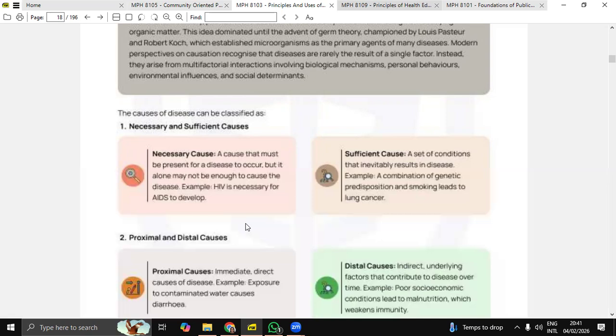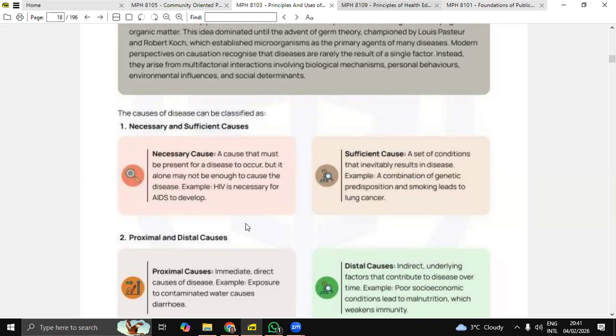That is the thing that is going to start the entire pathogenesis of that disease. But even if it is there, if other factors are not present, the disease may not happen.